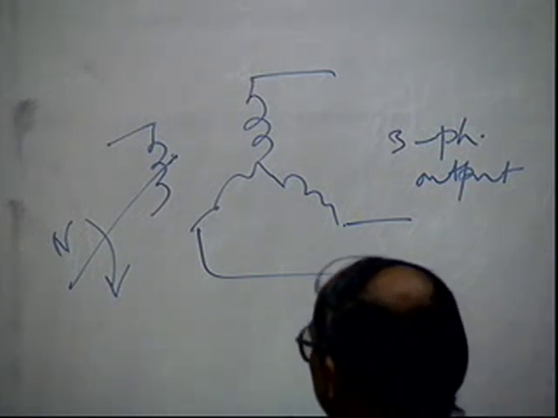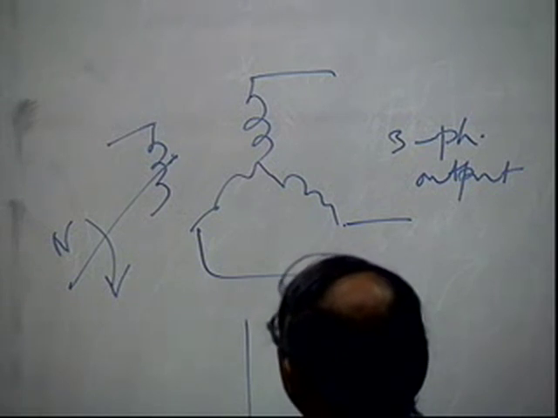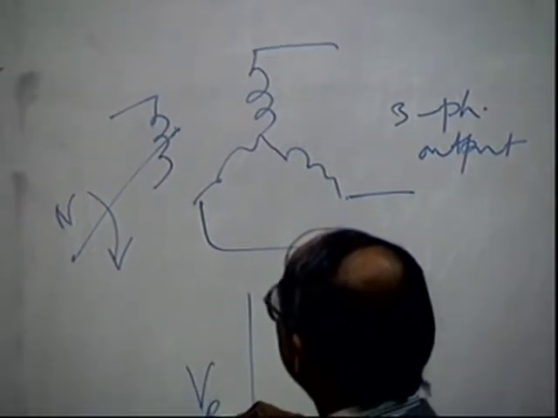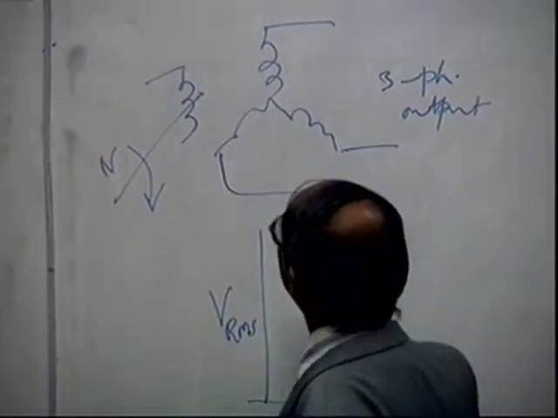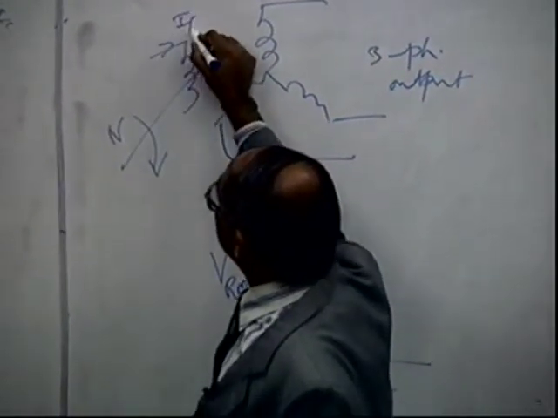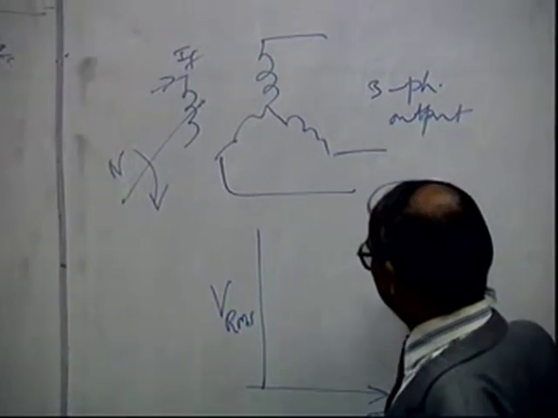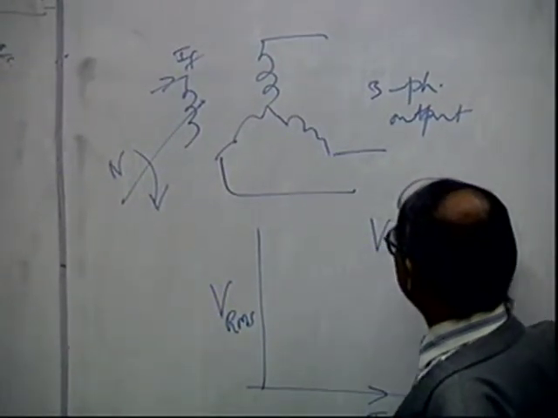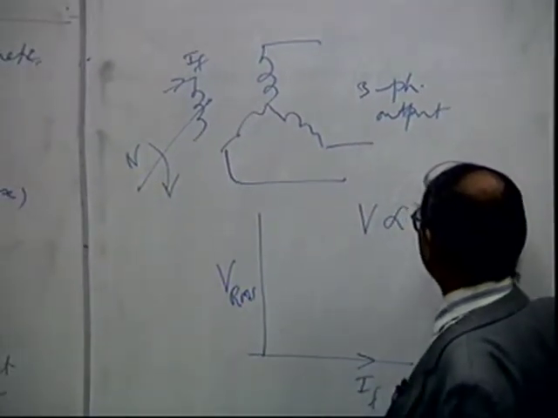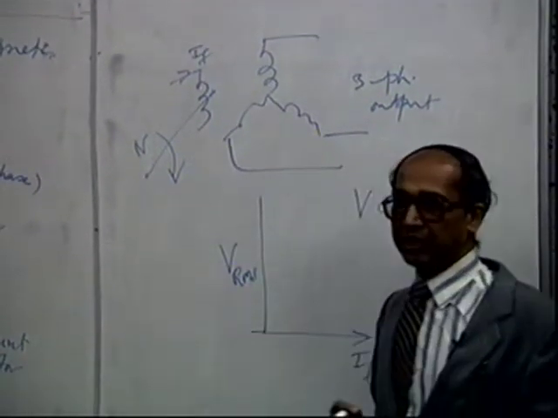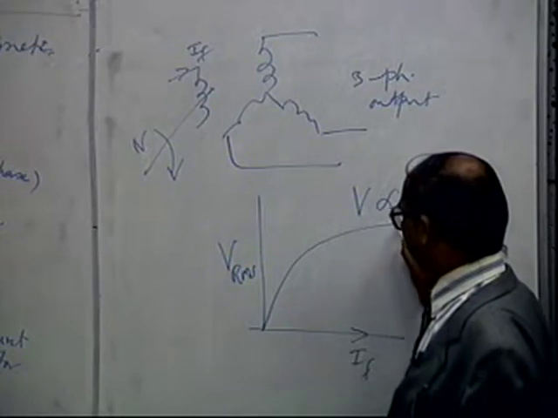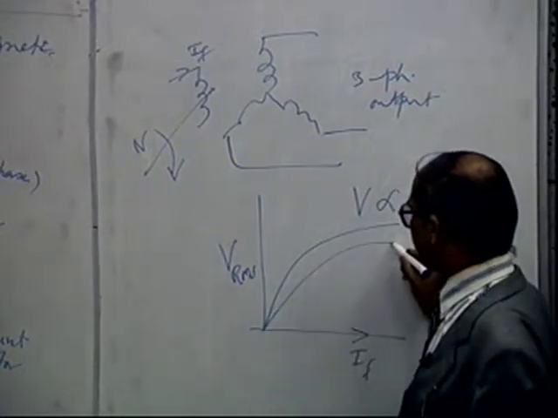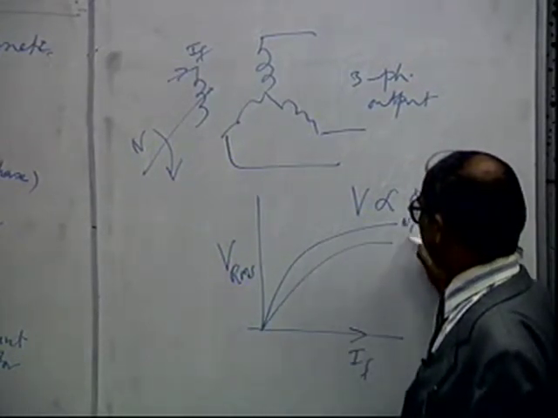So what you are observing is that this voltage is AC, so the RMS voltage will be proportional to the field current, and the voltage is proportional to the flux that is produced and also the speed, similar to DC. So you are asked to check what the characteristics will be for different speeds, again for N1, N2.